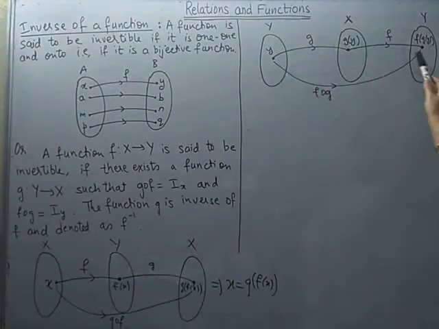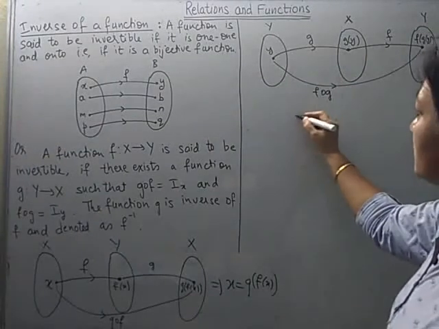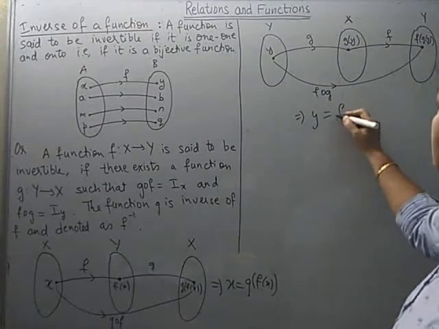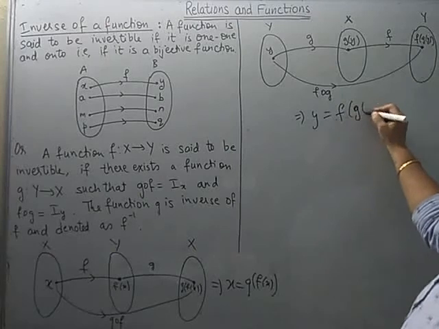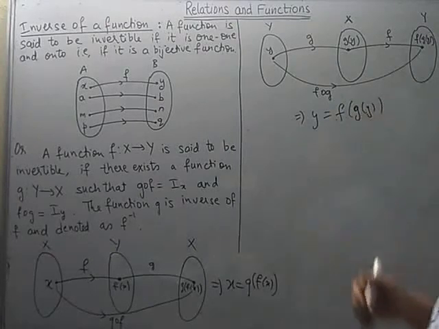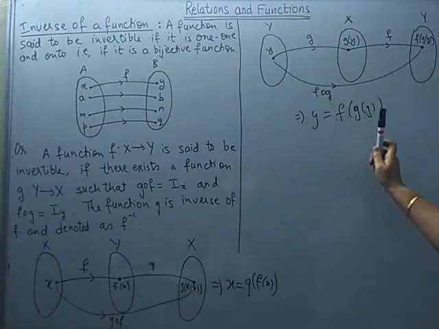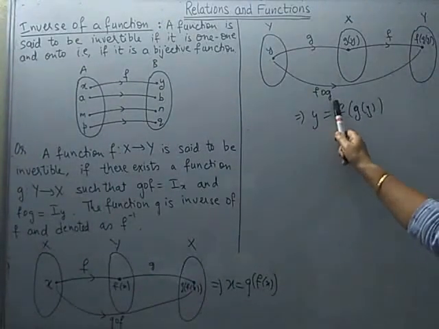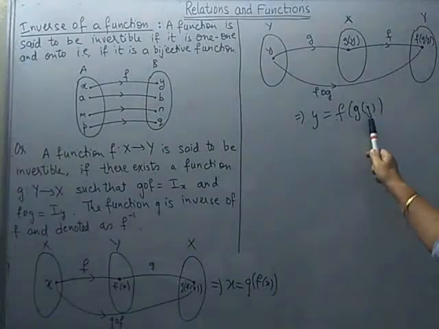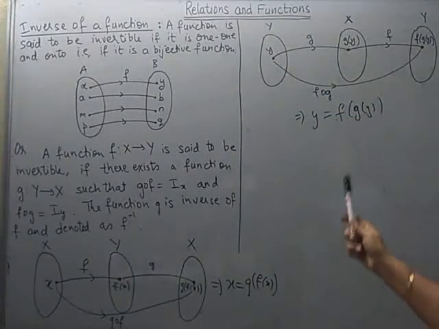So they will be the same elements. So y is coming out to be f(g(y)). So if we show that the image of y under the function composition of g and f is y only, then we are able to show that f and g are inverse of each other.